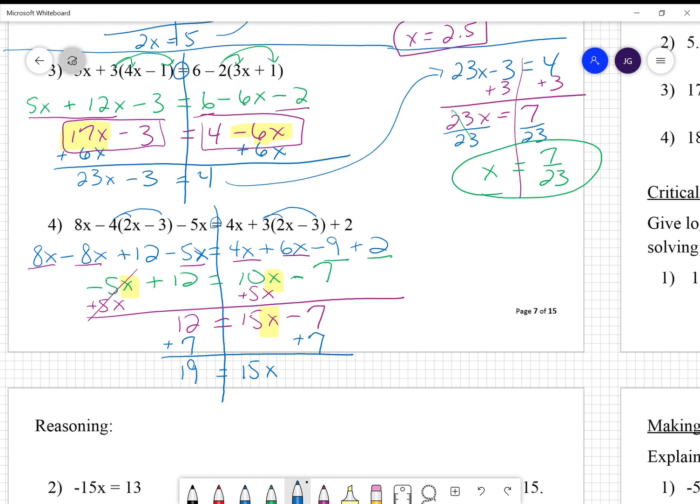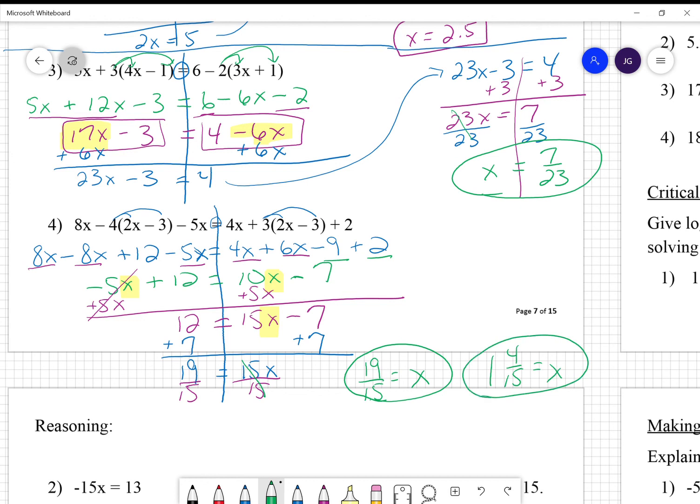Since this says 15 times x, I'm going to divide by 15. On the right, the 15's cancel. I get 19 over 15 equals x. If you want to write that as a mixed number, that would be 1 4/15. Either way is fine.